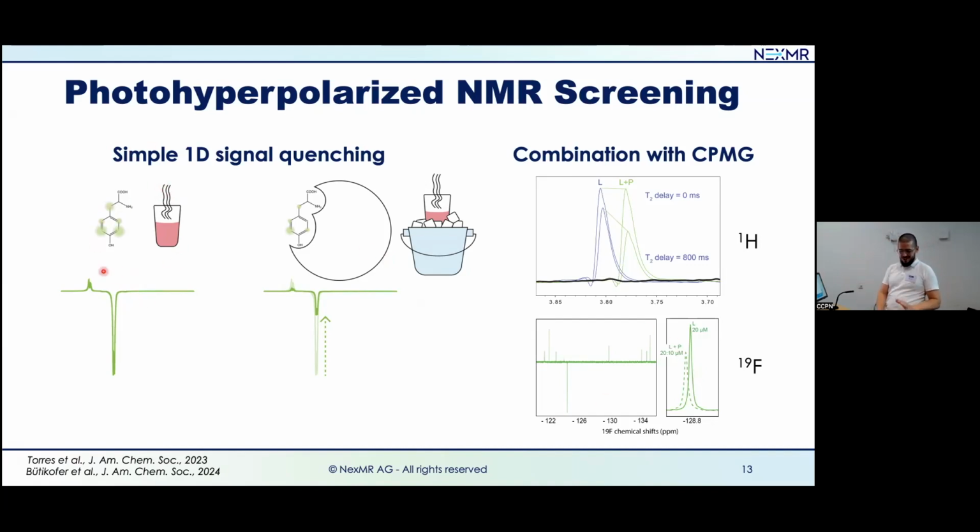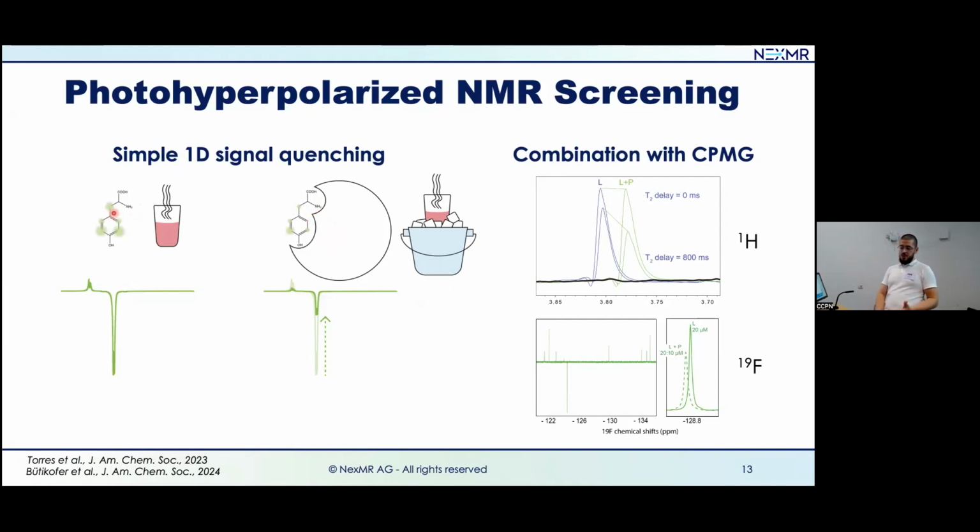very analogical approach. You heat up your molecule, and it's like a hot glass of tea, right? This is out of equilibrium. You don't hyperpolarize the protein with photo-CIDNP in the regime that we use. I can go into that a bit later, or if you have questions about that, we can discuss, but just accept this fact. We don't hyperpolarize the protein here. And now the protein is like a bucket of ice, right?